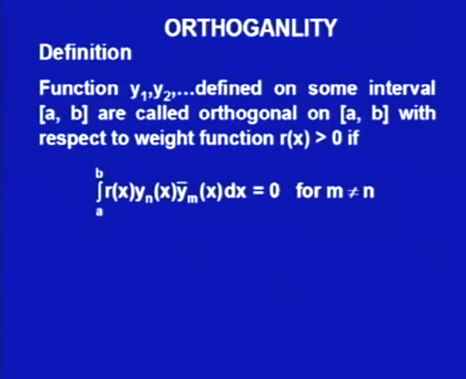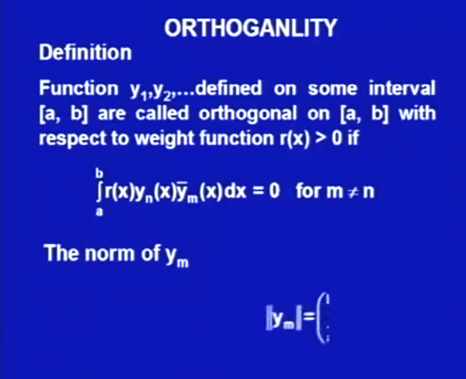That is, whenever we have two different ym and yn, then yn times ym bar multiplied with r x, if I integrate over the whole range a to b, should give me 0. Then we call the functions yn and ym orthogonal with respect to r on the interval a to b.